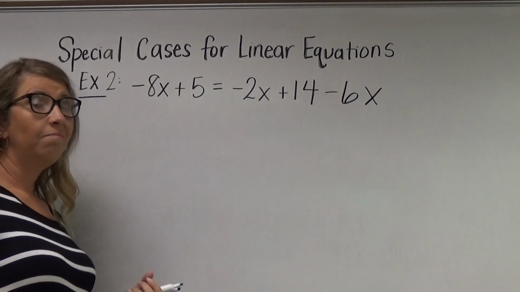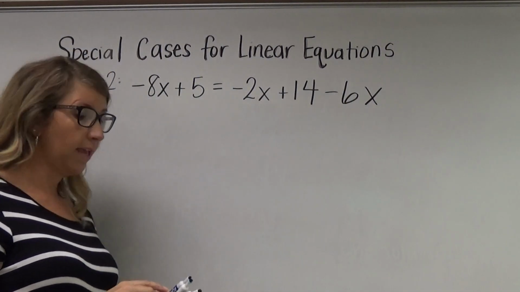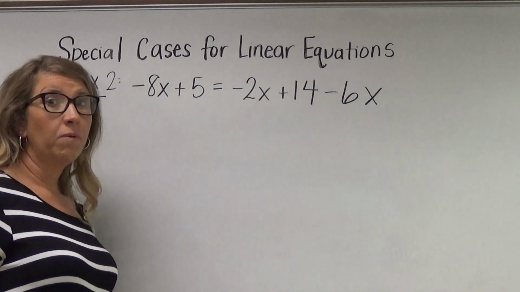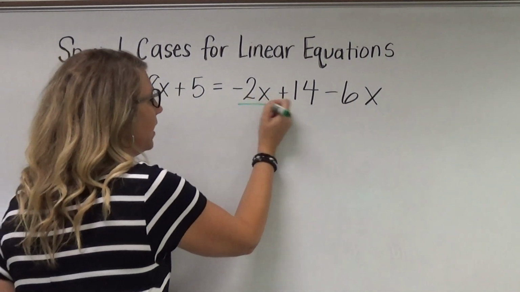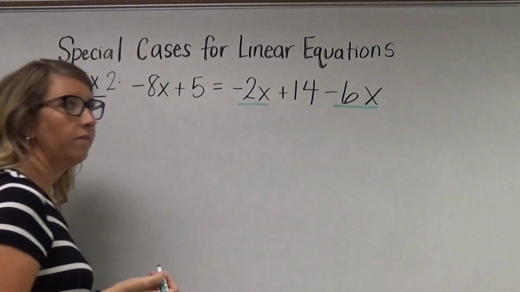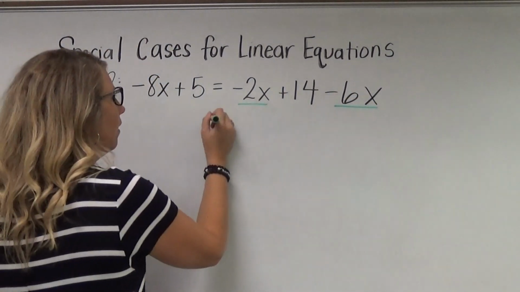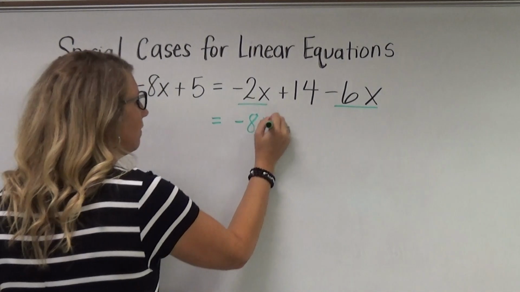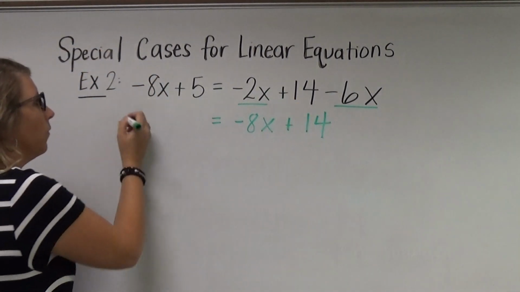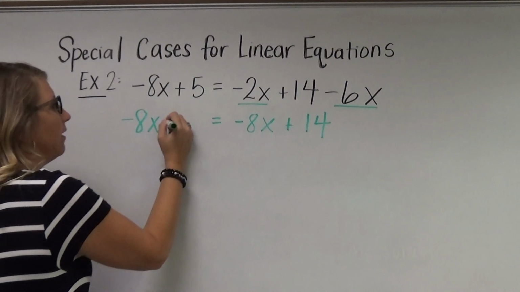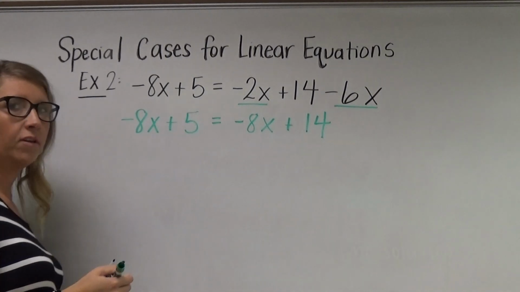Now, like I said, it looks pretty similar to our first example. We're going to even start with the same step. No like terms here on the left, but on the right, we've got negative 2x and negative 6x. So let's put those together. That's going to be negative 8x plus 14 when we bring that down. We have negative 8x plus 5 on the left.